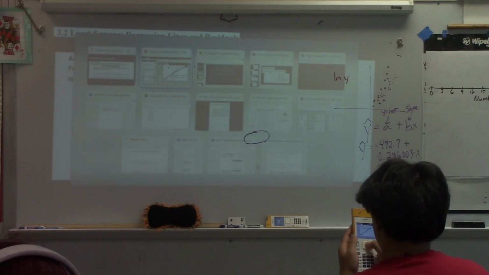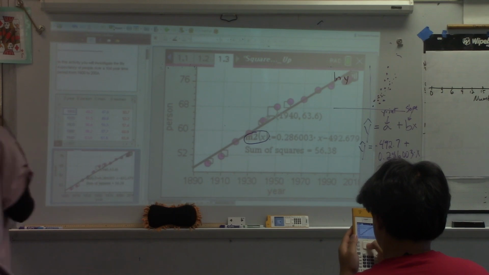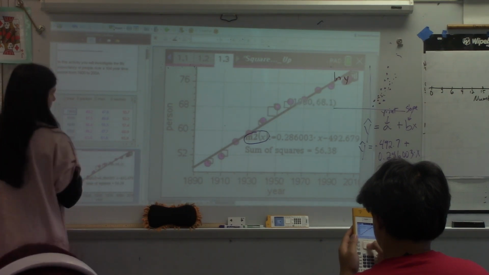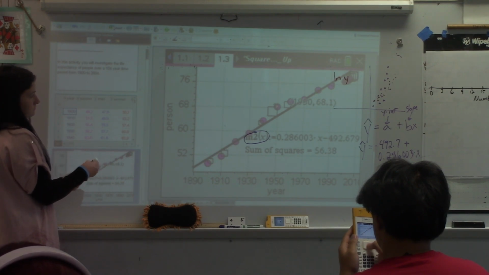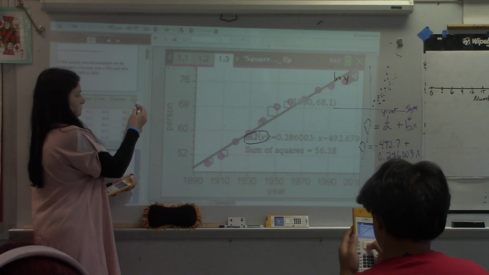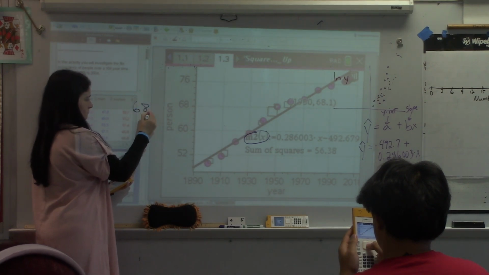I'll come around and support you, you work with each other, but you can actually hover over these data points. So notice that's what year? 1940, and the actual expected lifespan in 1940 was 63.6 years. Go to one more, there's 1950, and the expected lifespan there is 68.1. So if I want the residual, I need the actual value there, and I need to subtract the predicted.